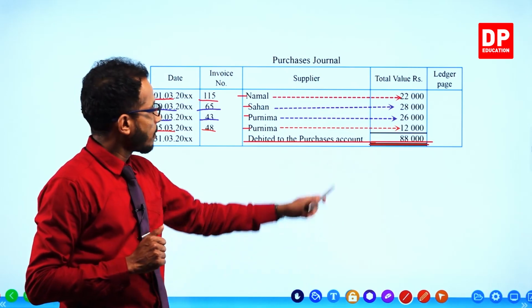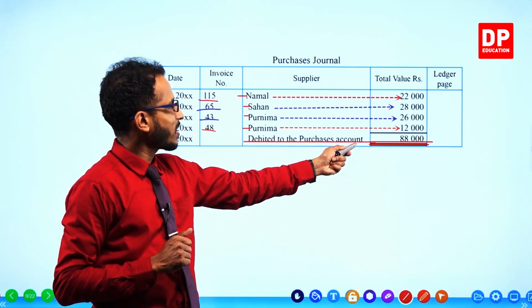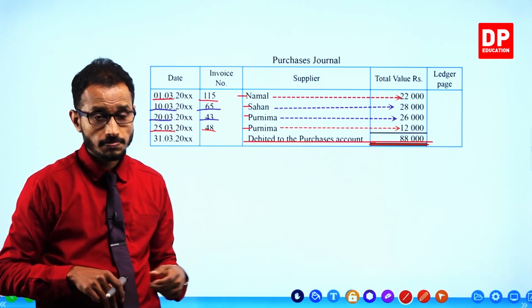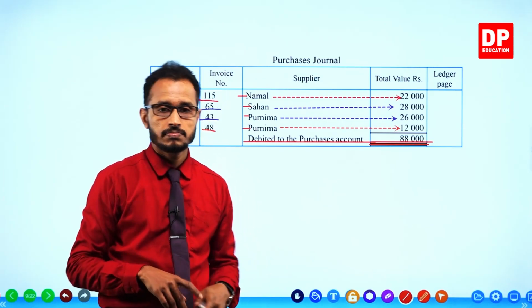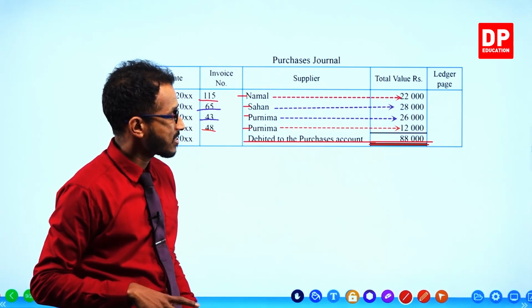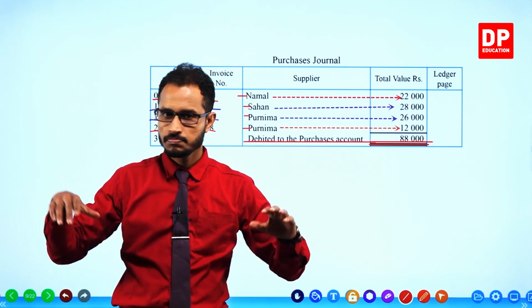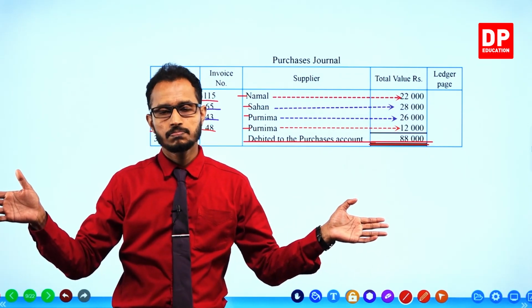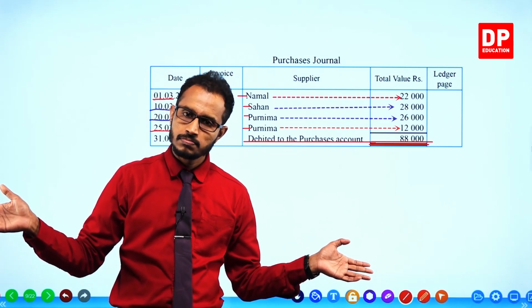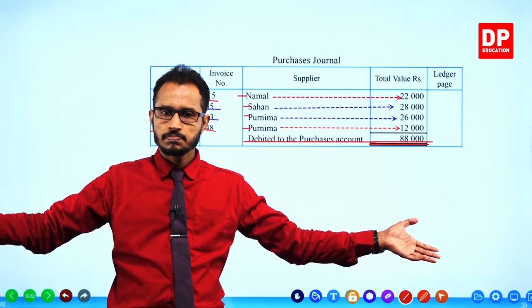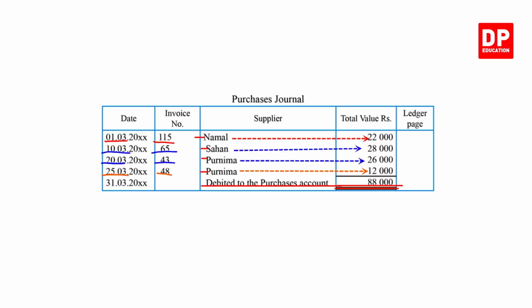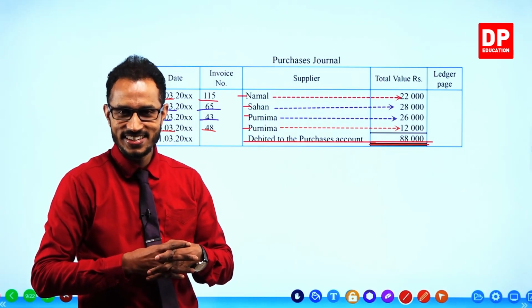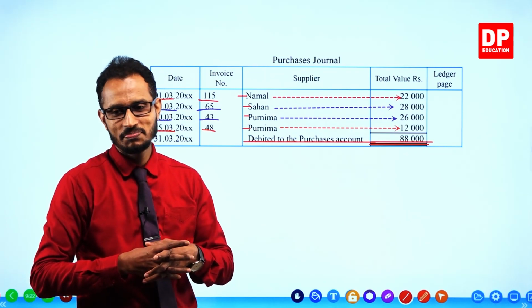That total must be debited to the purchases account. There you go. Debited to the purchases account, 88,000. Finished.